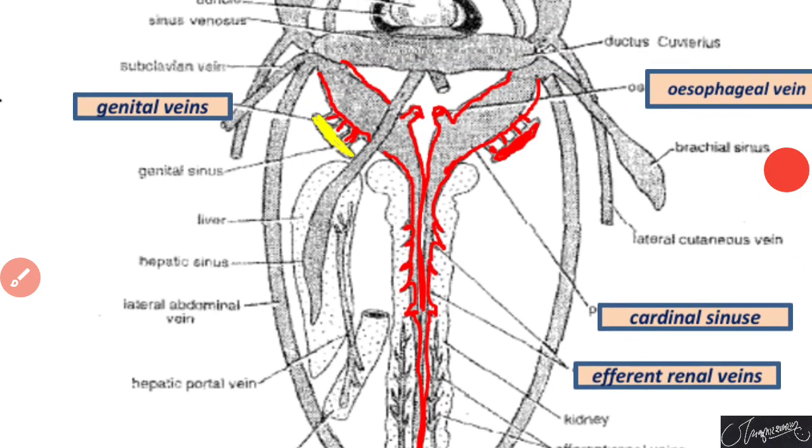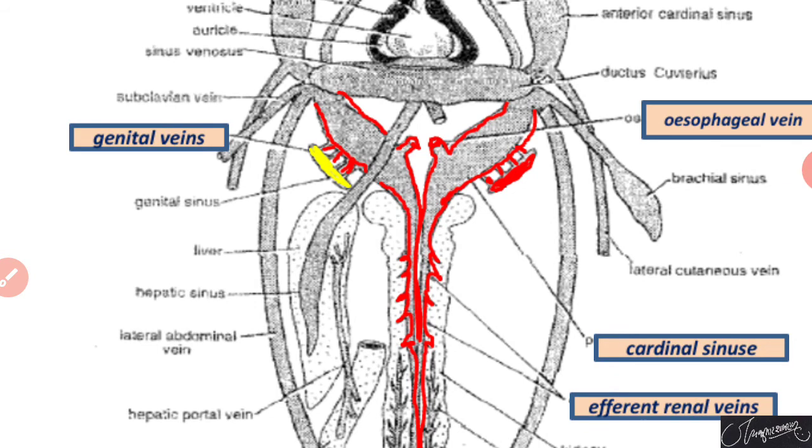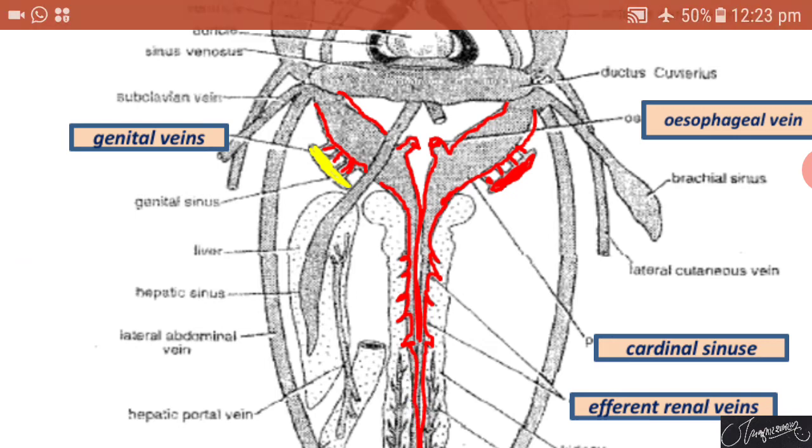This cardinal sinus then leads towards the anterior side and is connected with a branch of blood vessels called the esophageal vein, which collects blood from the esophagus, and opposite to the esophageal vein there are some genital veins which collect blood from the genital part of the body.